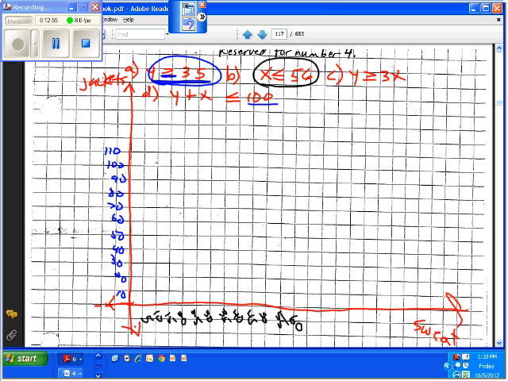It has the equal mark, so it's solid. So it's a solid horizontal line through Y is 35. That's an inequality, so there's shading. It says Y is greater or bigger. Which direction does Y get bigger? Up, so we shade up.